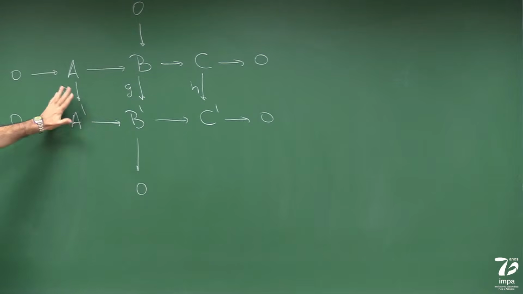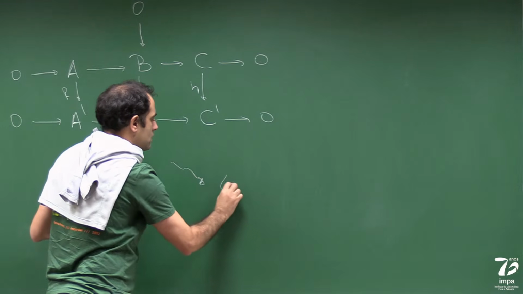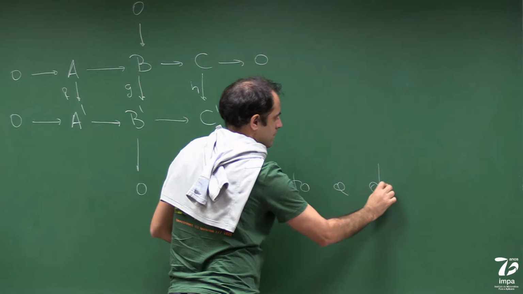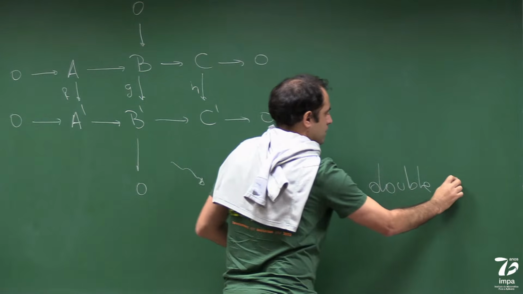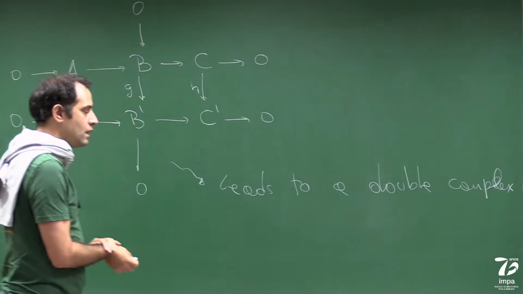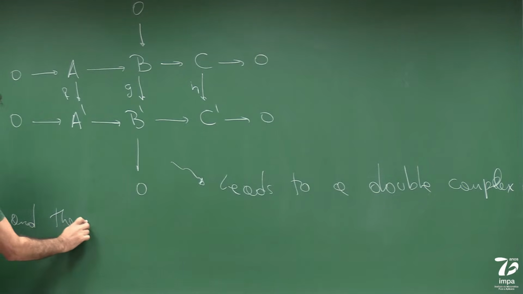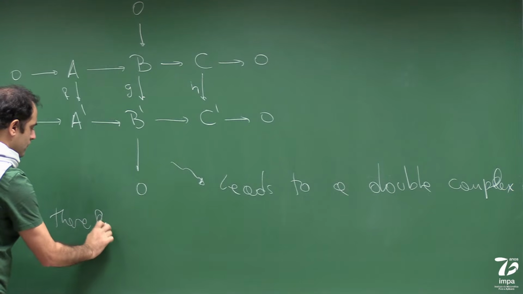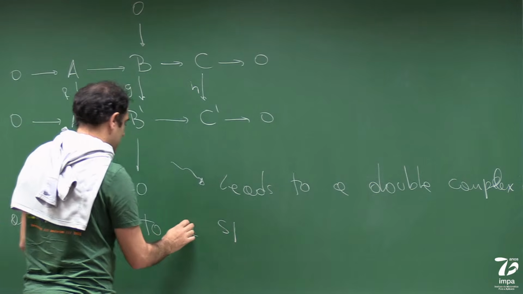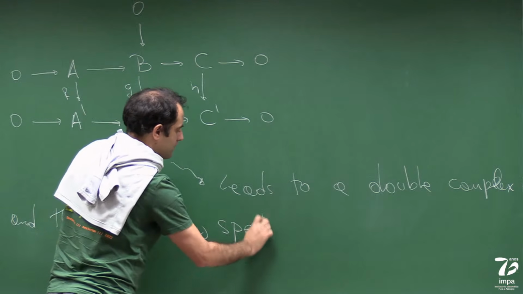So I have this, and this leads to a double complex, and therefore it leads to a spectral sequence, to 2 spectral sequences, like those 2 that we've seen.